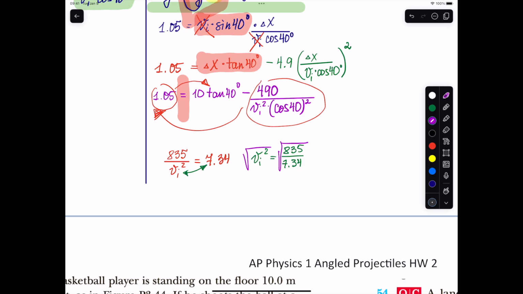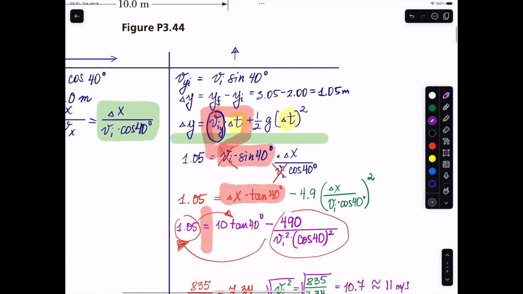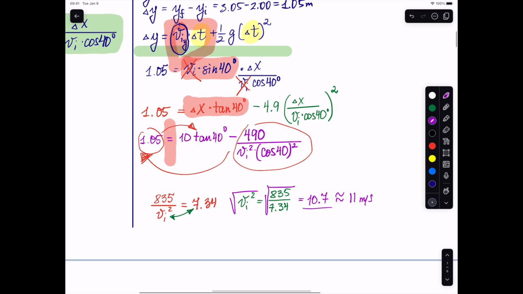So ultimately, V initial in this case is going to be the root of 835 over 7.34, 10.7. So around 11 meters per second. Let me see, what are they? I think they're up to 3 sig figs. All right. Since they want 3 sig figs, we're going to keep it as 10.7 meters per second.